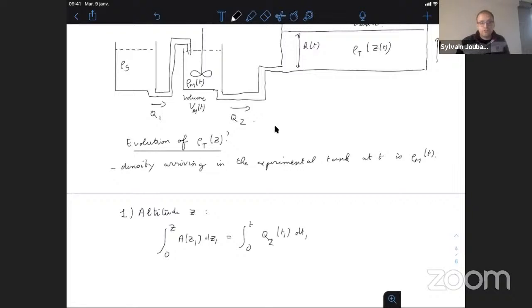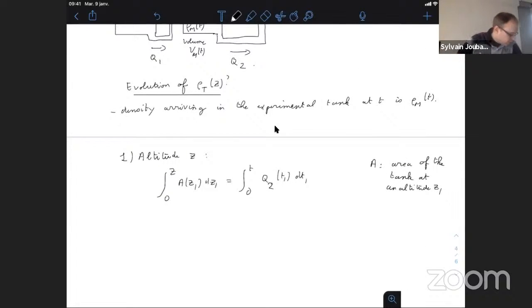Just a conservation of volume, you have the flow rate, which increases the volume. Since Q2 can depend on t, you need this integral. And on the other side, that's the area of the tank at an altitude z.